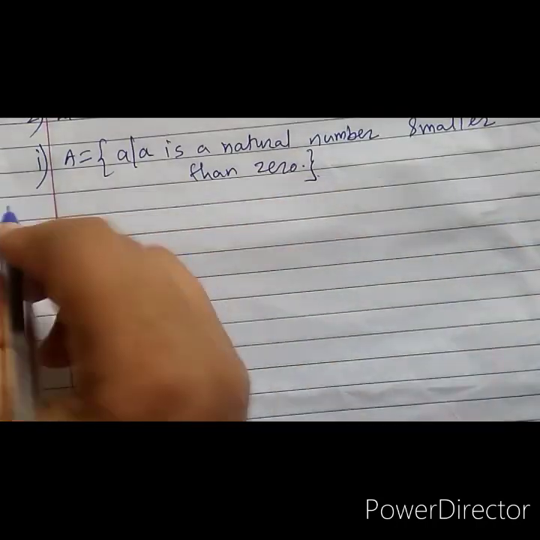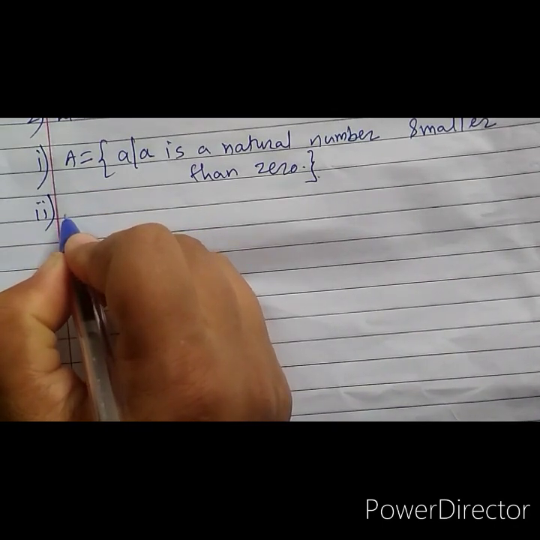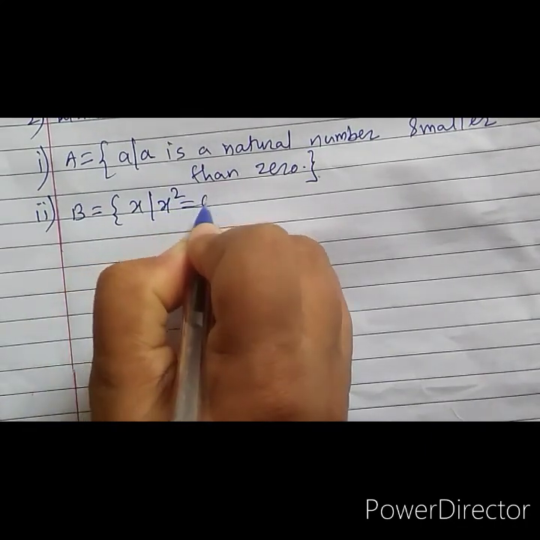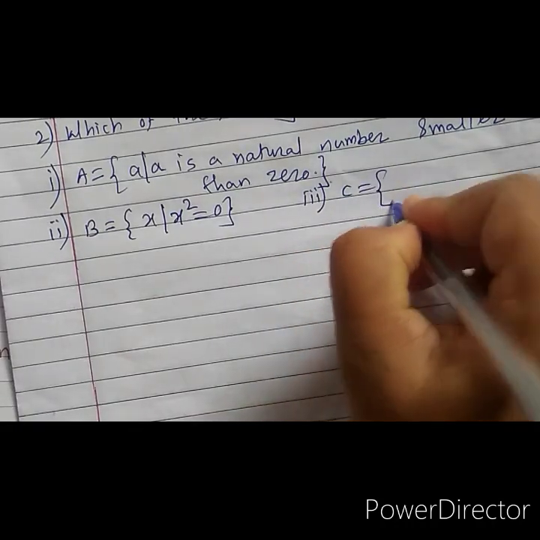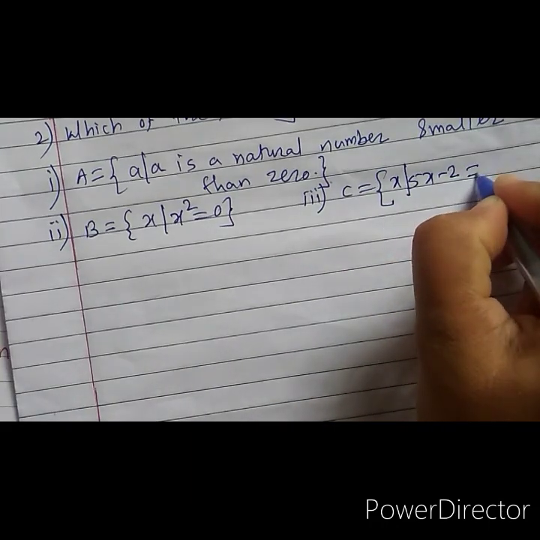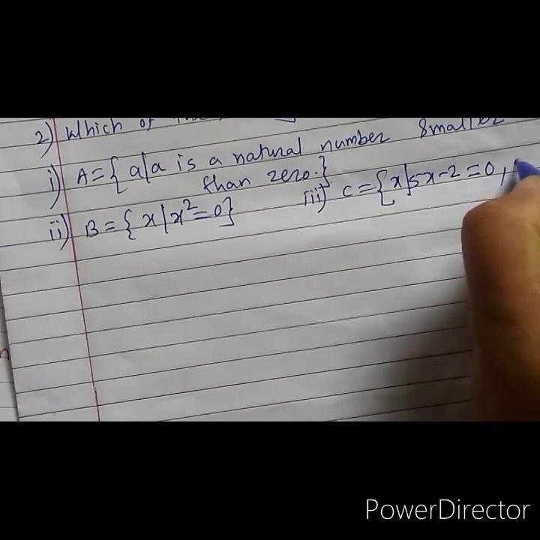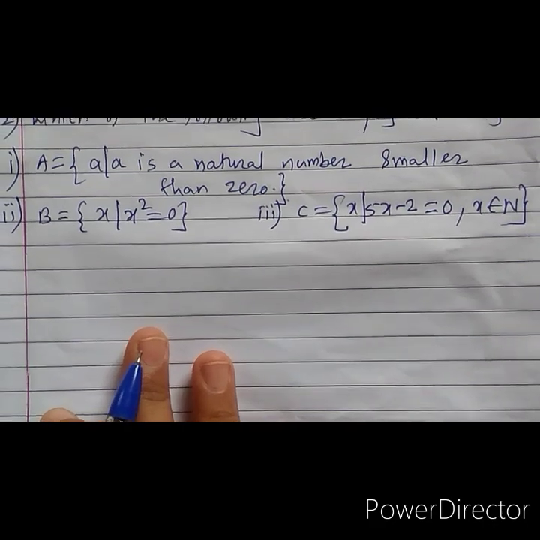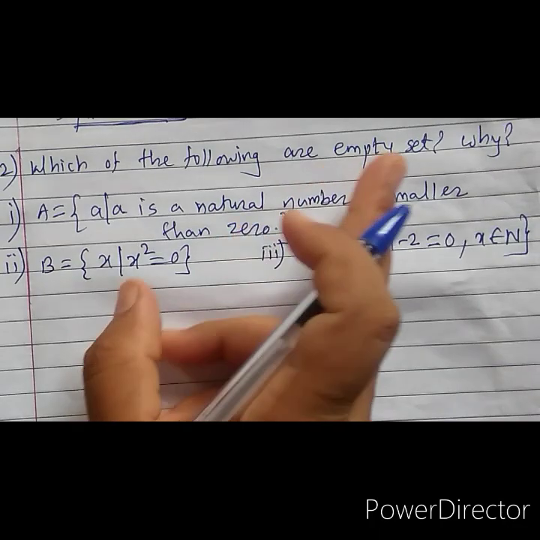Number 2, set B is equal to x such that x square is equal to 0. And number 3, C is equal to x such that 5x minus 2 is equal to 0, where x belongs to N. N means natural number. So which of the following are empty sets and why?